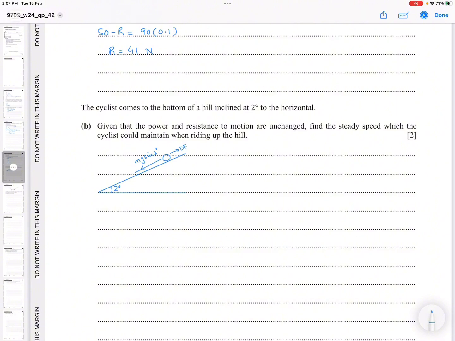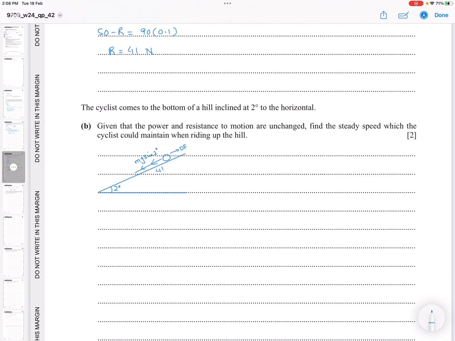Remember, always along the line of slope we use sine theta, and 41 is our resistance, which we found out in the previous part. And acceleration is 0 here because it has a constant speed.